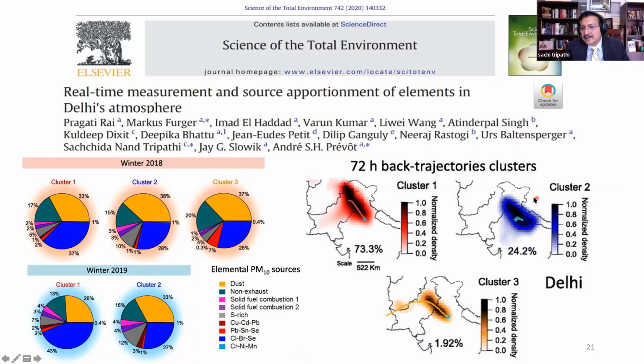Cluster 2 shows that it is not only coming from the northwest, but also some part is coming from the southeast as well. And cluster 3 has a very different spread. So this is another interesting piece of information one could obtain by combining the wind with this very dense time series.